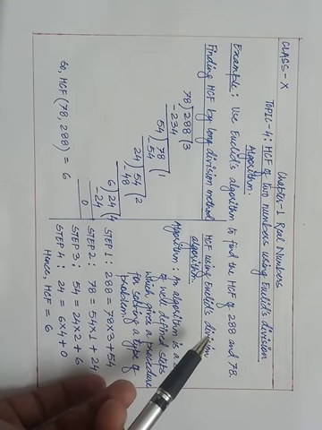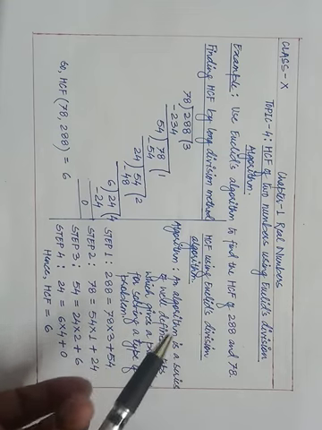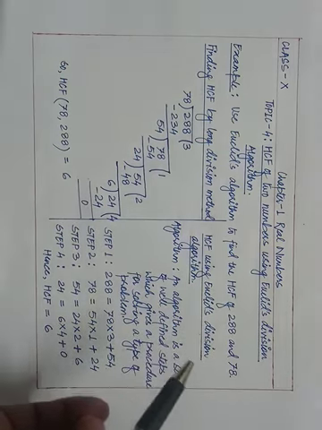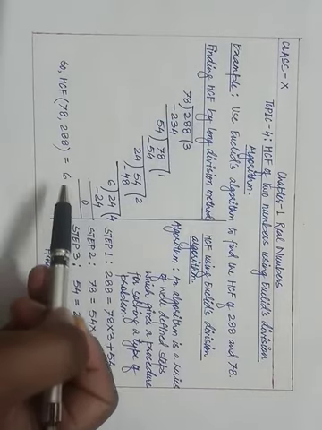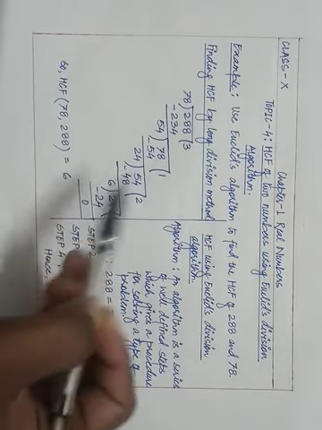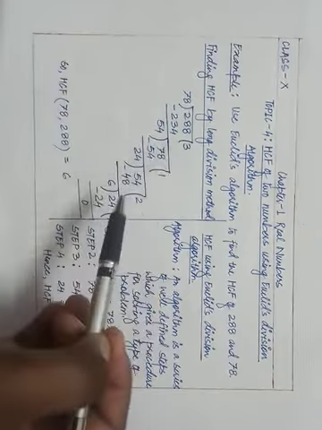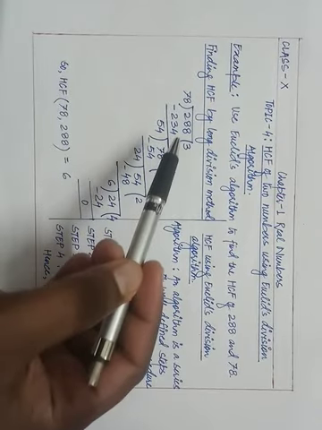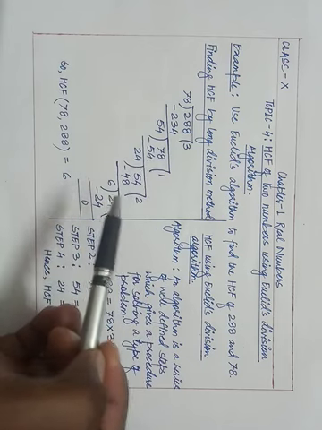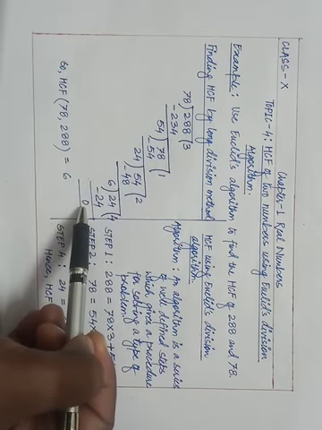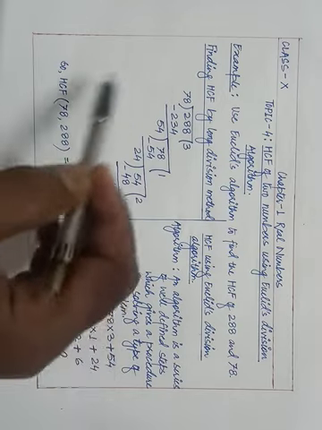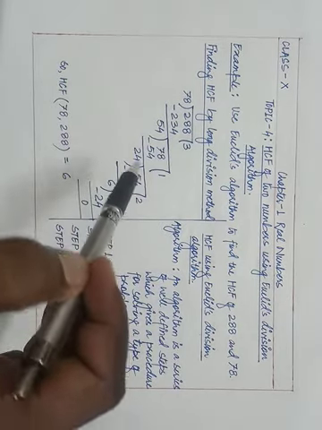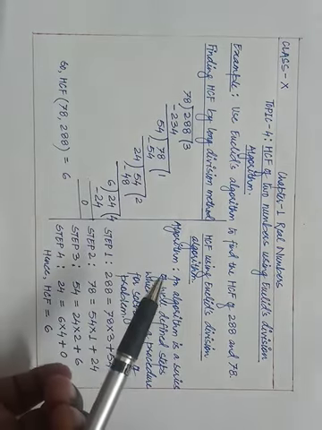So both are divisible by 3 also, but we are searching for the largest number which divides these numbers. It is 6. So this process is known as successive division method. Why? Because we continue the division until we get the remainder 0. So this process we have already been taught in our earlier classes.